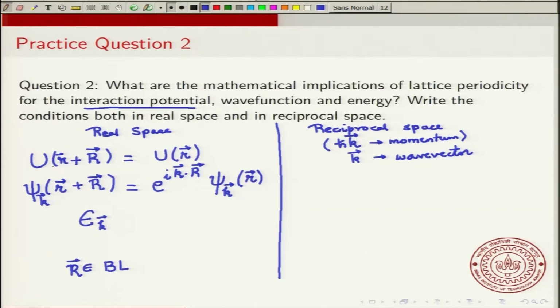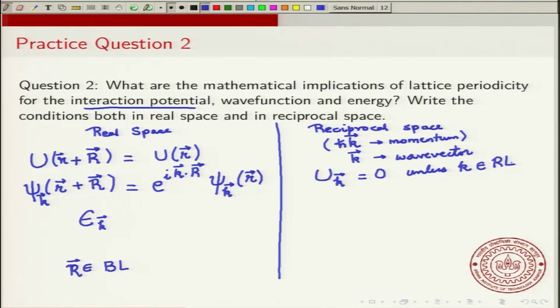If you take this potential, because the potential is a periodic function, if you look at u of k, this is something called a Fourier transform. So you transform it and write u of k, then u of k will be 0 unless k belongs to the reciprocal lattice.